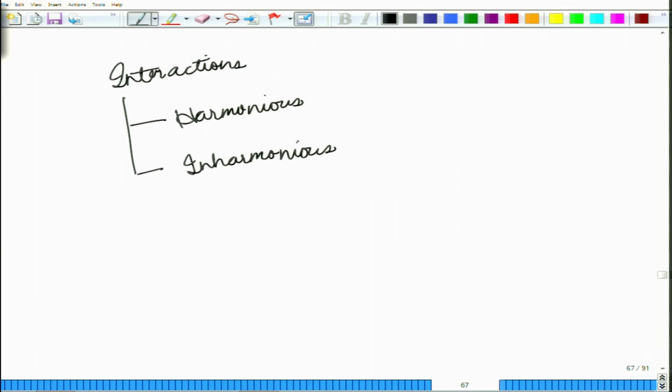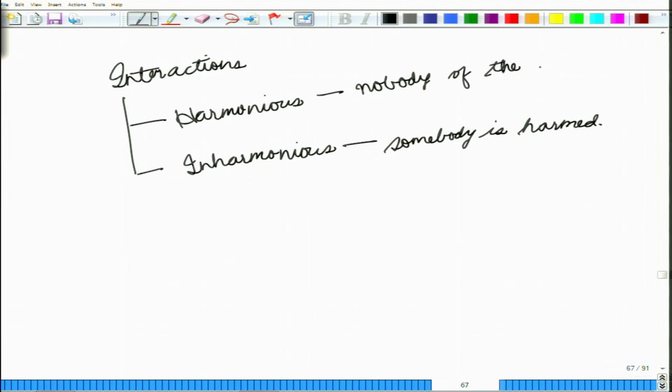Inharmonious is where somebody is harmed, and here somebody is one of the two organisms that are interacting with each other. In the case of harmonious interaction, nobody, or let us say nobody of the parties, gets harmed. So, that is one sort of classification.